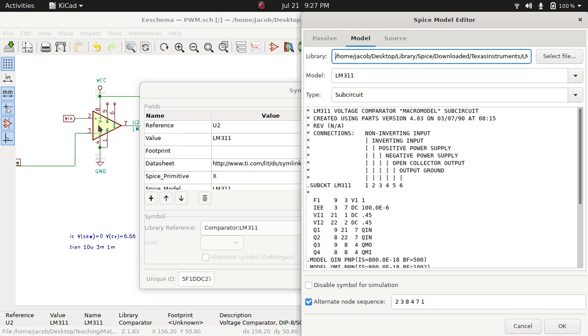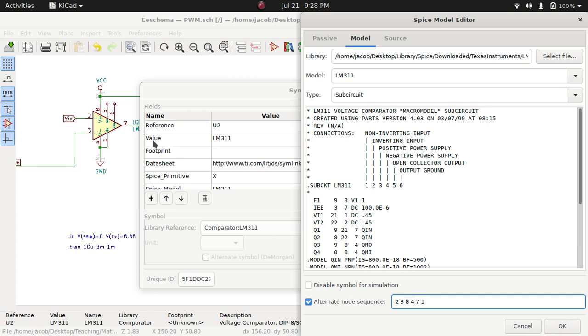Next comes the inverting input, which is the third pin here, and the next is the positive power supply, which is the 8th pin. Specifying that also, and the negative power supply, which is the 4th pin, and the open collector output, which is the 7th pin, and the output ground, which is this ground pin, which is 1.